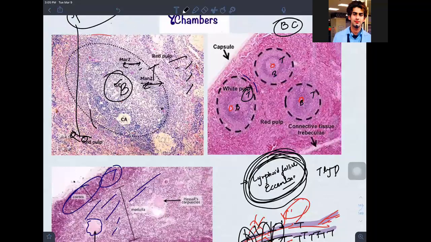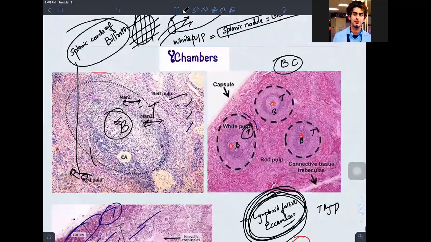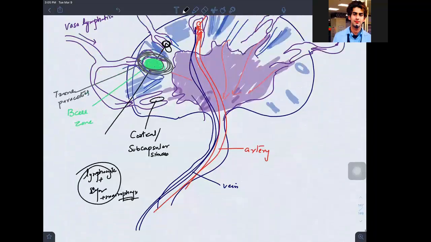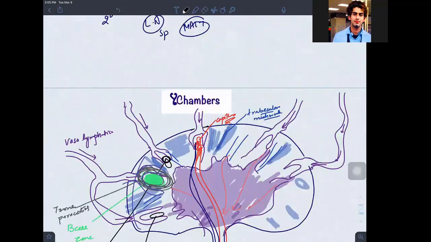Okay, that's very nice. So what are the structures of a lymph node? What structures can you know from the lymph node which we draw here? We have capsule, cortex, medulla, and paracortex.